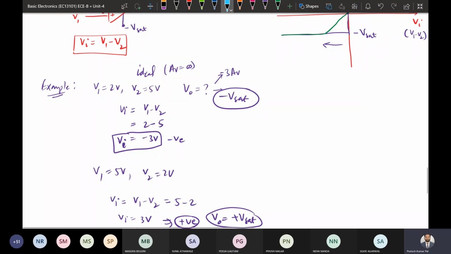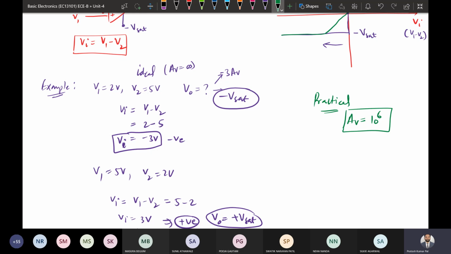If it is the case of the practical one, in the practical case there will be a value of AV that will be close to 10 to the power 6. Suppose AV is 10 to the power 6 in the practical case, it will not be infinity.